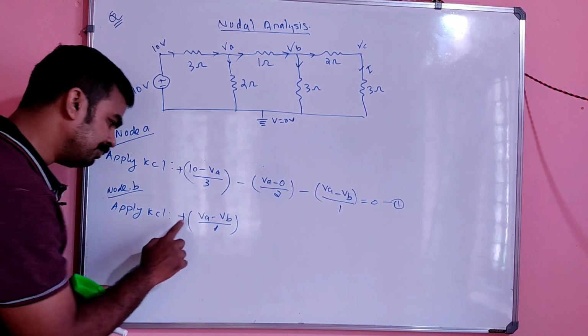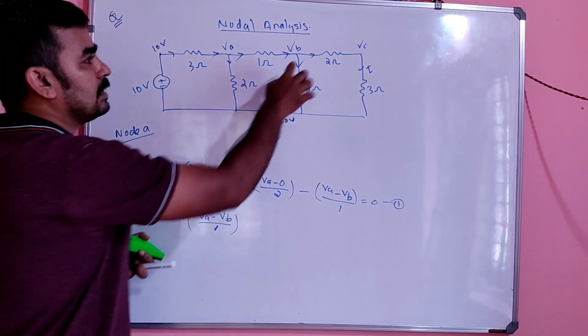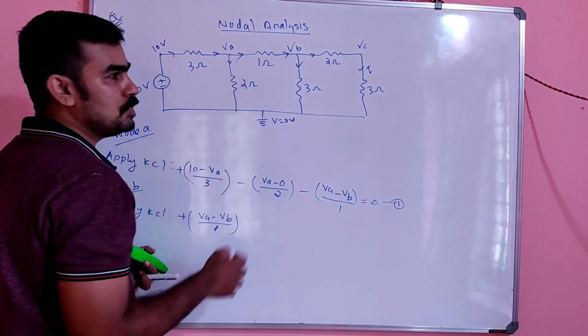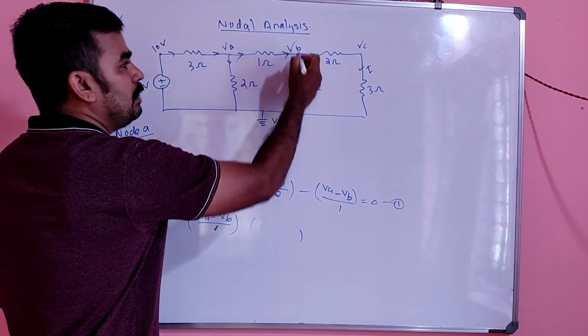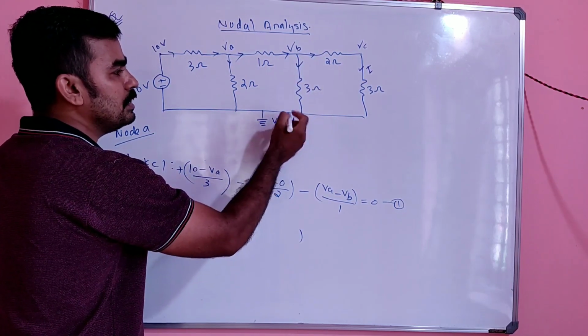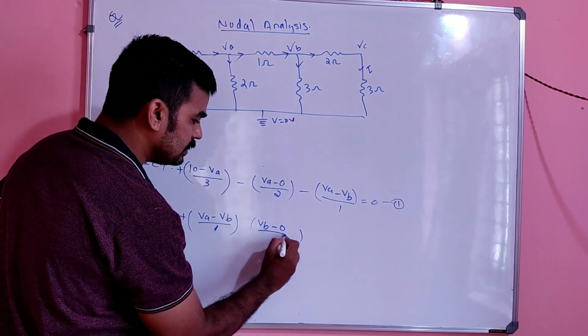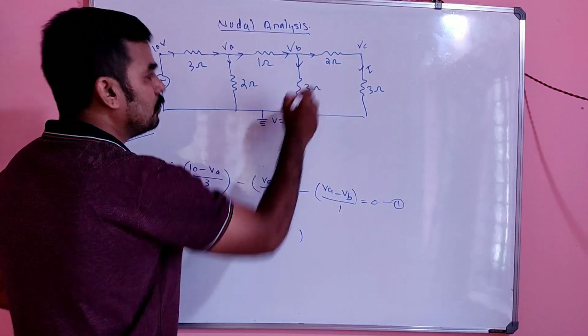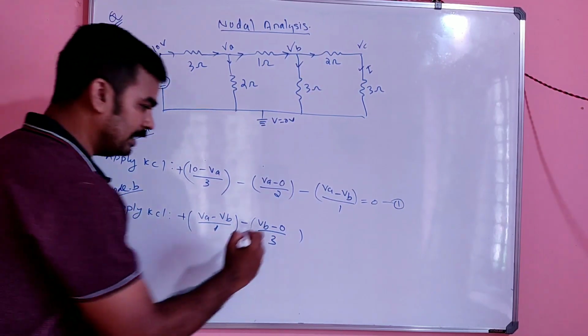Okay. So it is plus, and of course VA minus VB divided by 1, and the other current is what? This current. How can I write this equation? So again it will be VB minus 0, because this point is the 0 point, so I can write it as VB minus 0 by 3. So the equation carries a minus sign.